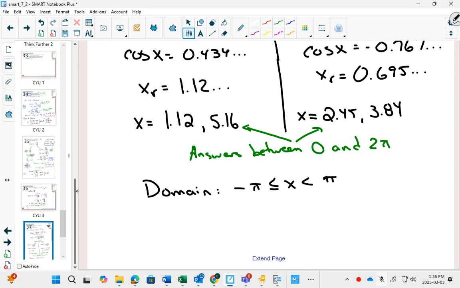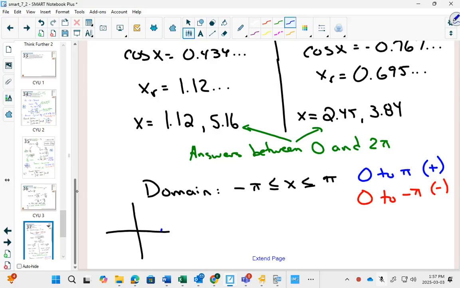No, it has equals on both of them. Just for fun. So if we think about the domain they gave us, we're looking from 0 to pi in the positive direction, and 0 to negative pi in the negative direction. If I just label above here, this was quadrant 1, this was quadrant 4, this was quadrant 2, and this one was quadrant 3.